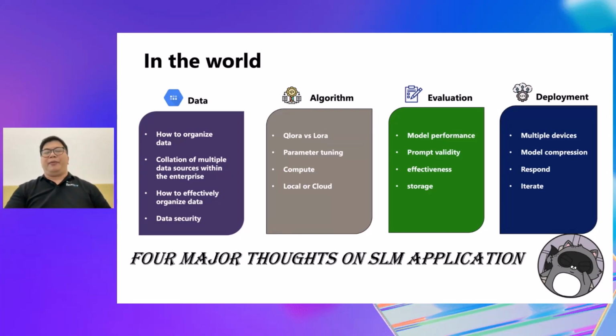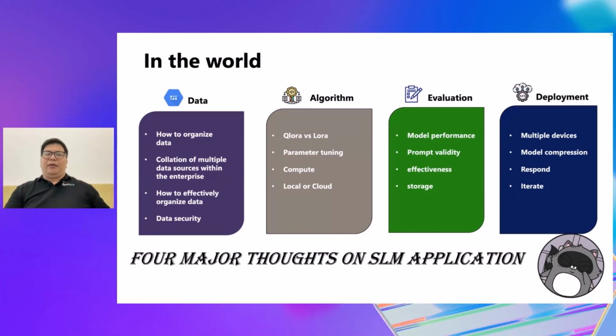Another thing is deployment. When you're training your model, you say, oh, you get the evaluations very good, algorithm very good, data very good, but you want to let your model deploy on different devices, just like mobile, just like PC, just like some IoT devices. But at this time, deployment is very hard, because you need to focus on the format.